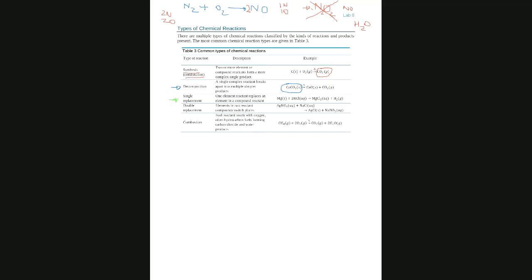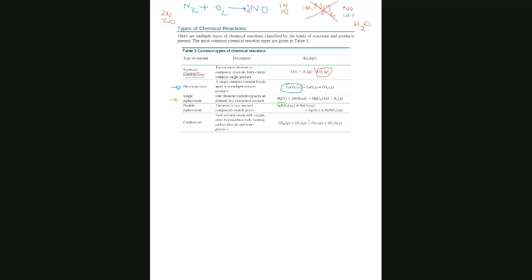So let's look at here. We have magnesium solid as a free element. Magnesium is an element in the periodic table. So it's not combined. It's solid, the metal magnesium, group 2. Going to react with hydrochloric acid.